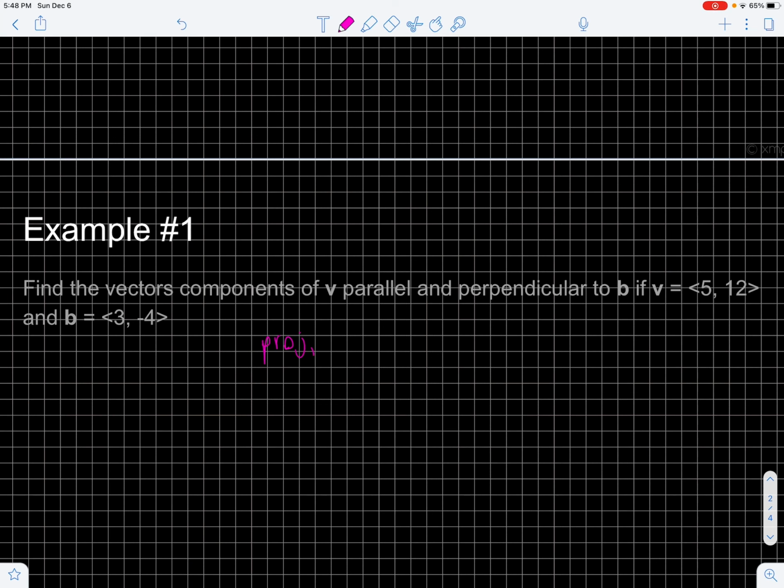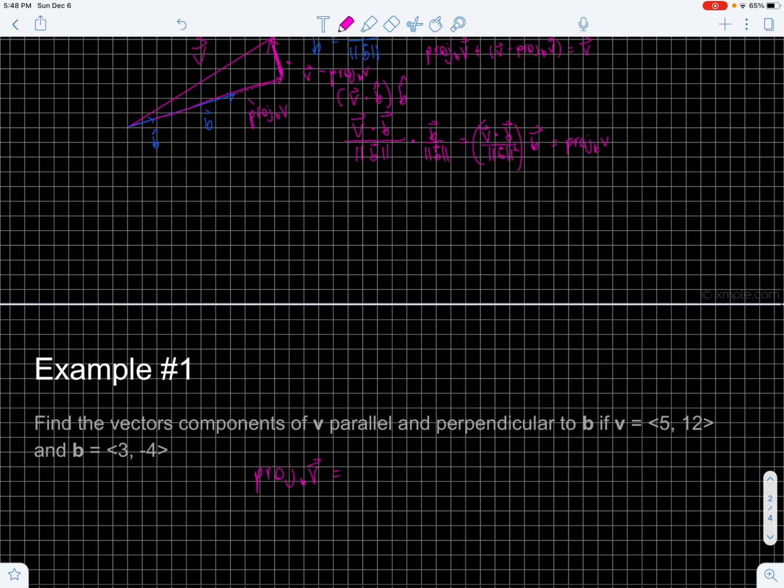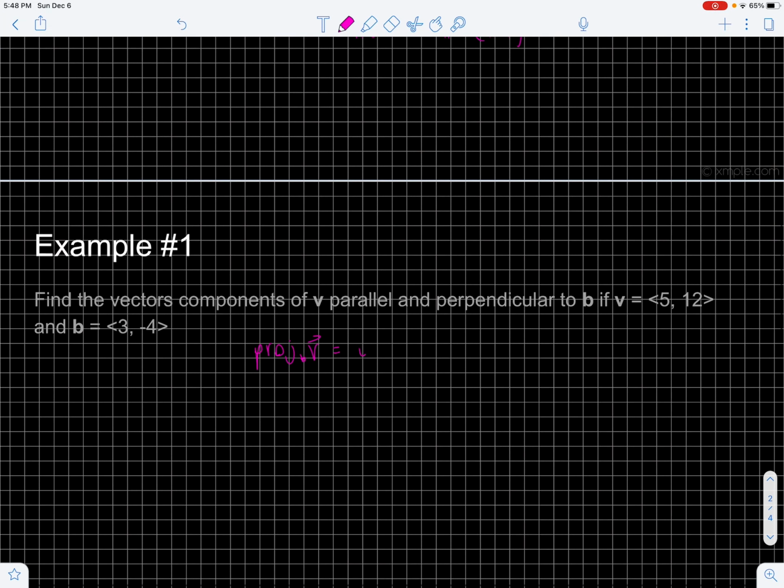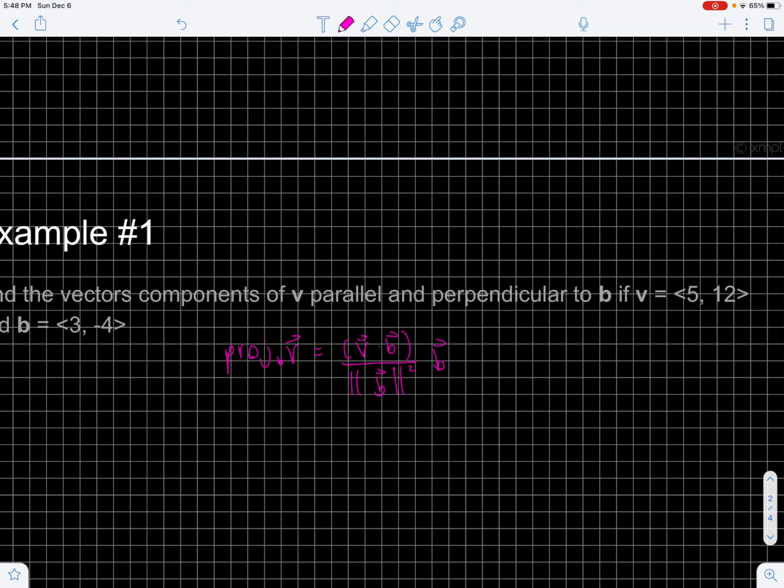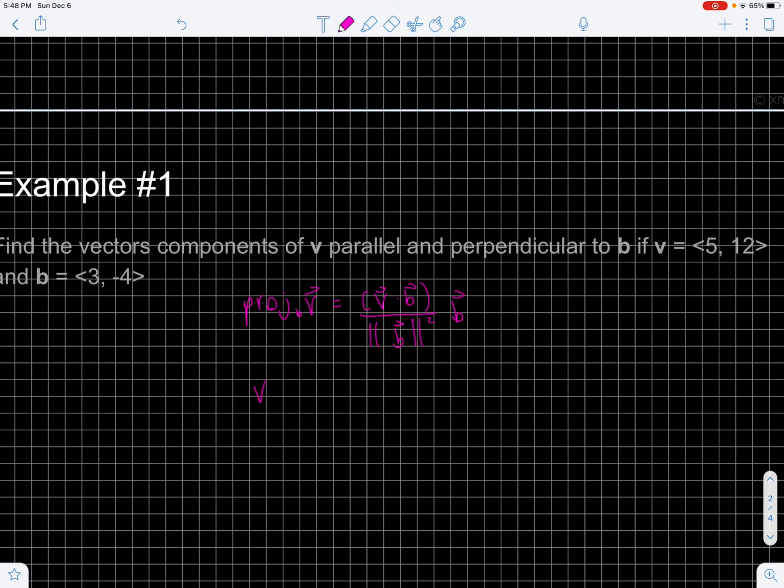We know that the projection of v onto b is, following the formula up there, v dot b over the norm of b squared, times the vector b. Let's find this part first.